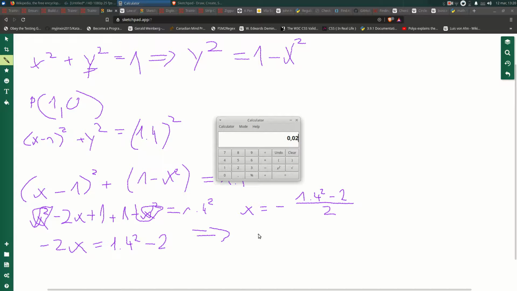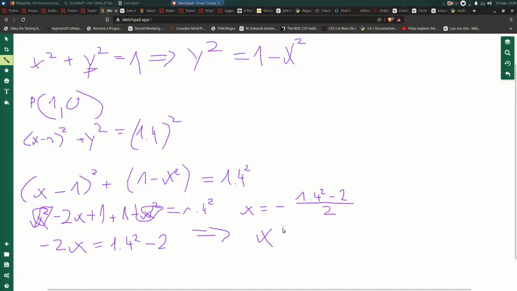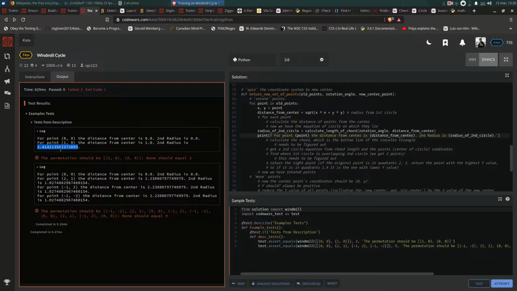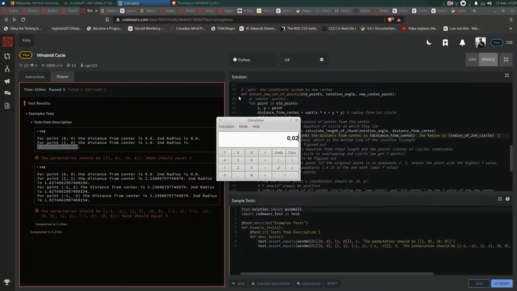So that is the x, so x is 0.02, which means that in this case x should be at 0.02, or if you like, copy this whole number and paste that squared. Oh, it's exactly 2.